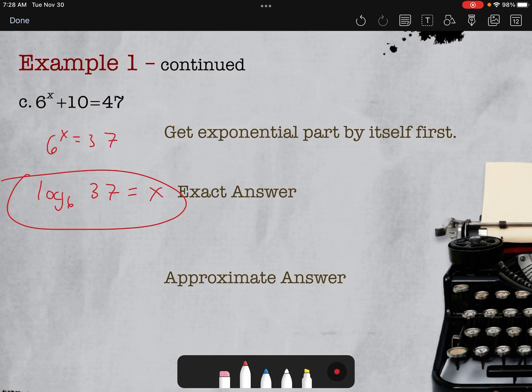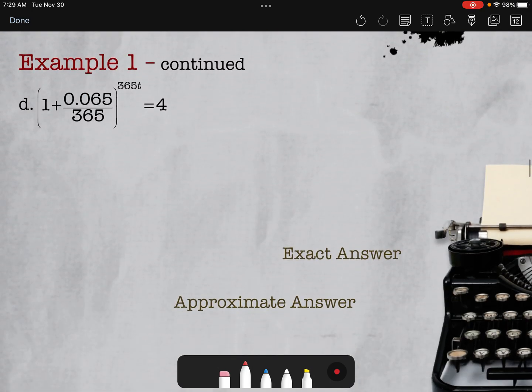So you can use your calculator or use the change of base formula. Whatever works for you. But x is approximately 2.015. Notice how that's done. We just change it to a logarithm.